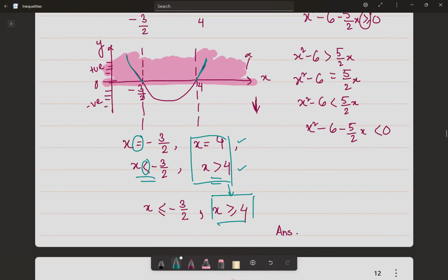That's how we can solve inequalities using the graphical method. So that is it on solving inequalities using the graphical method. And in the next one, we will see how to combine 2 linear inequalities into one.